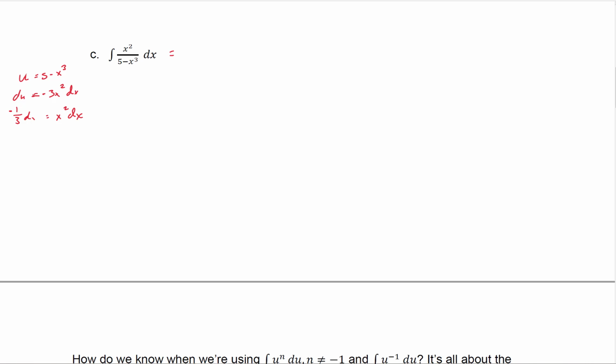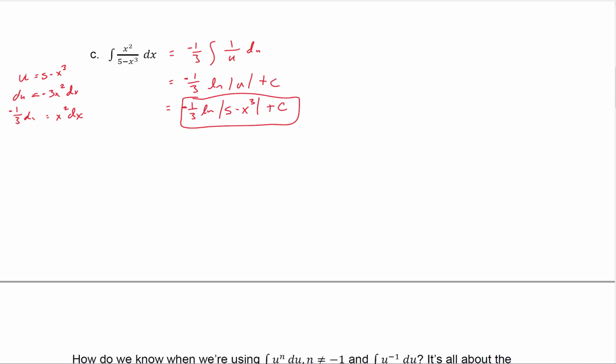So our integral then becomes negative 1/3 times the integral of 1 over u du. So that's negative 1/3 natural log absolute value of u plus c, which becomes, when we do our back substitution, negative 1/3 natural log absolute value of 5 minus x cubed plus c.